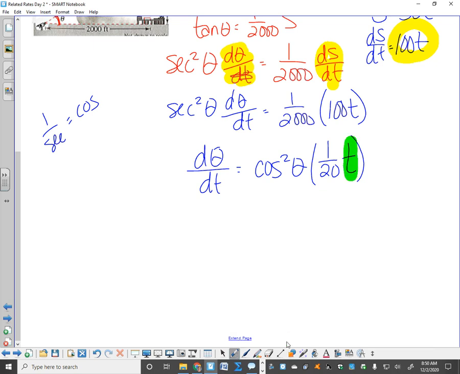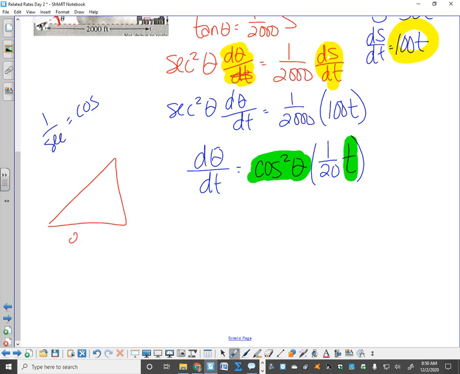I need to go find him. Okay. So t is 10. And I need to go find theta or cosine squared of theta, either one. But something needs to go here. The t is easy because it's 10. They told me that.